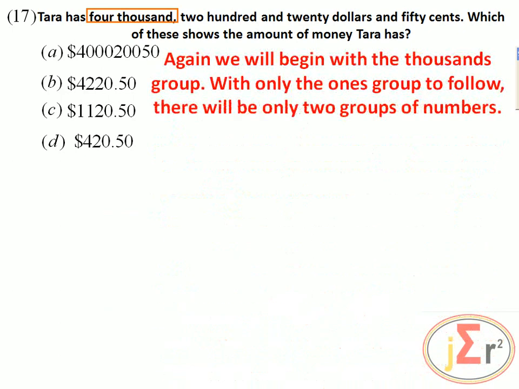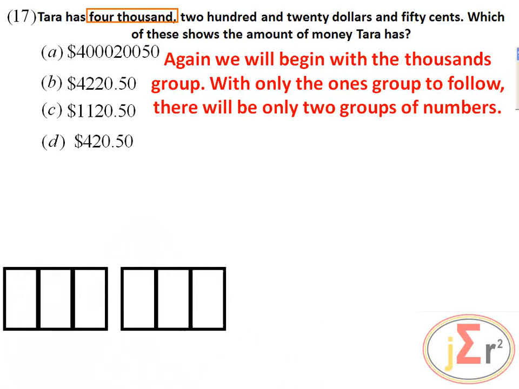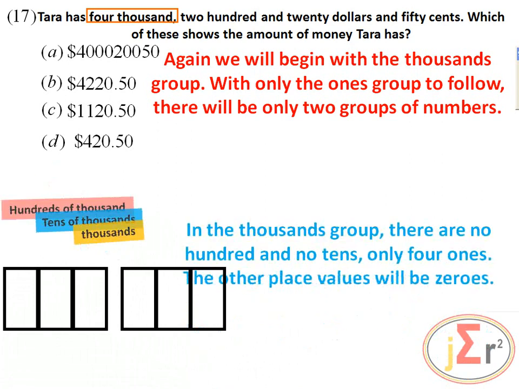4,000. Again, we will begin with the thousands group. Therefore, again, we have two groups, the thousand groups and the ones group. So there we have our two groups. Because we have 4,000, so we know that we have the thousand group and we have the ones group.